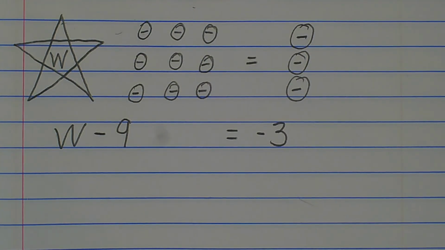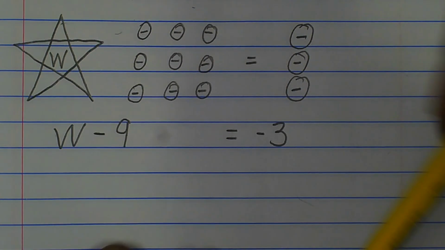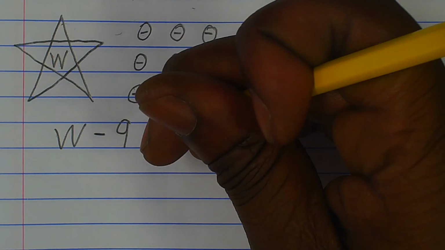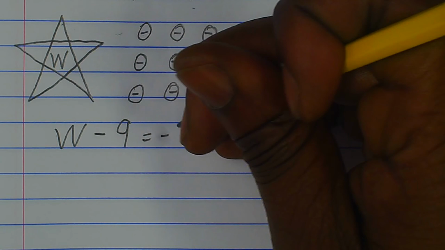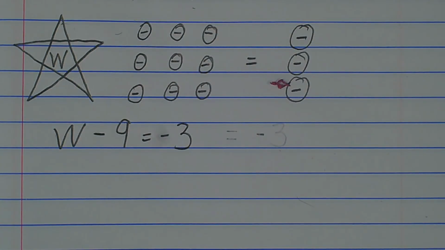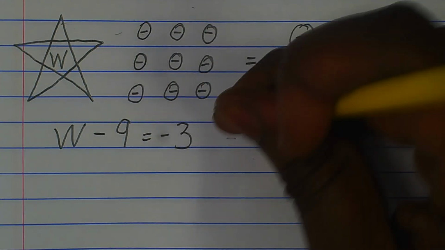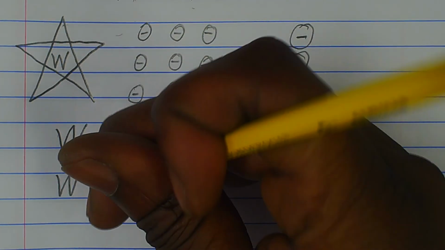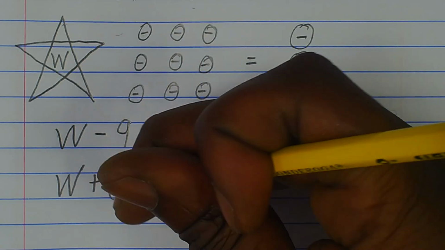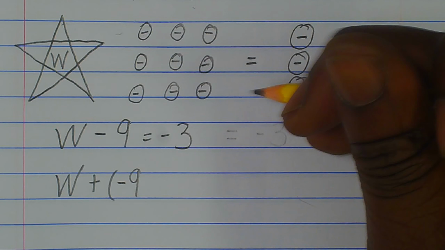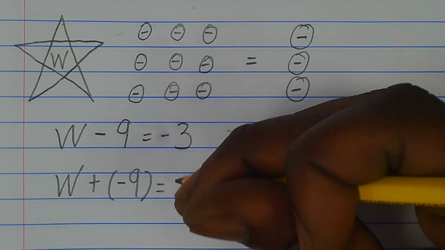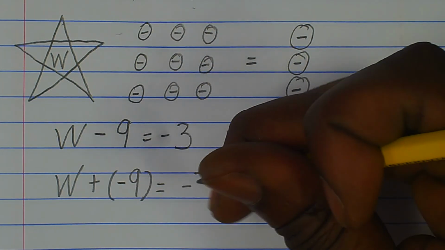Let me rewrite this. W minus 9 equals negative 3. Now, if we follow our integer rules, we can rewrite this as W plus a negative 9 equals a negative 3.